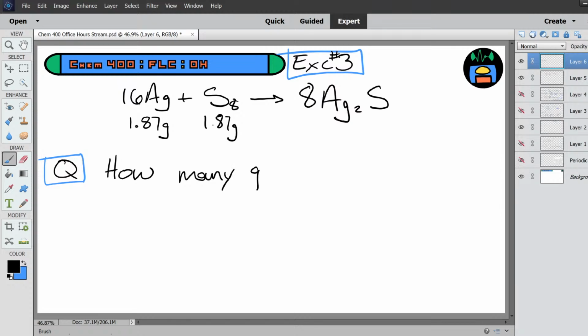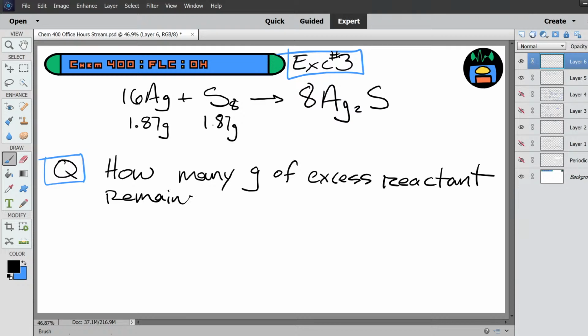How many grams of excess reactant remain? All right. Now, the way you answer this question is as follows.